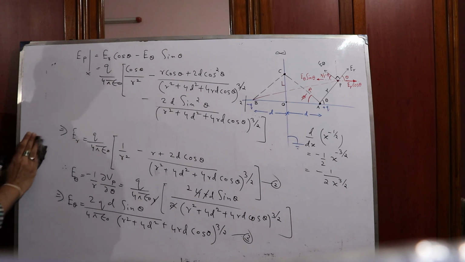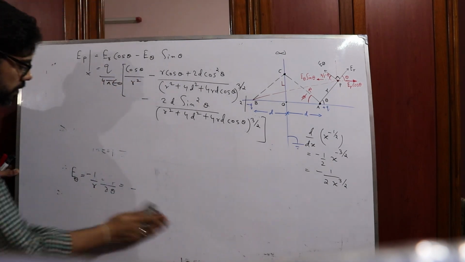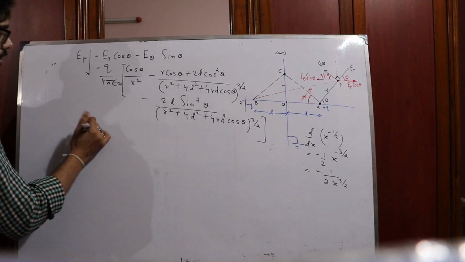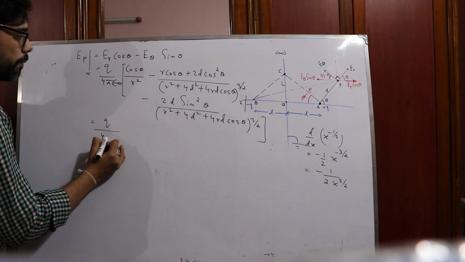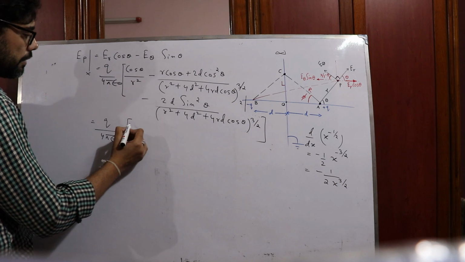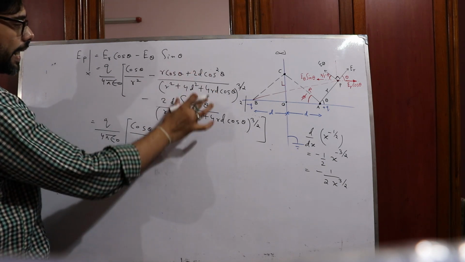Now once you have got this, we can simplify this. So this equals q by 4 pi epsilon naught, cos theta by r square. You can take minus common and you can add these two.